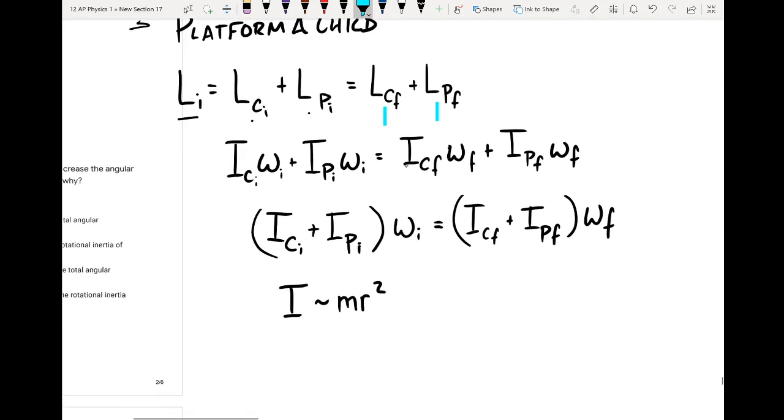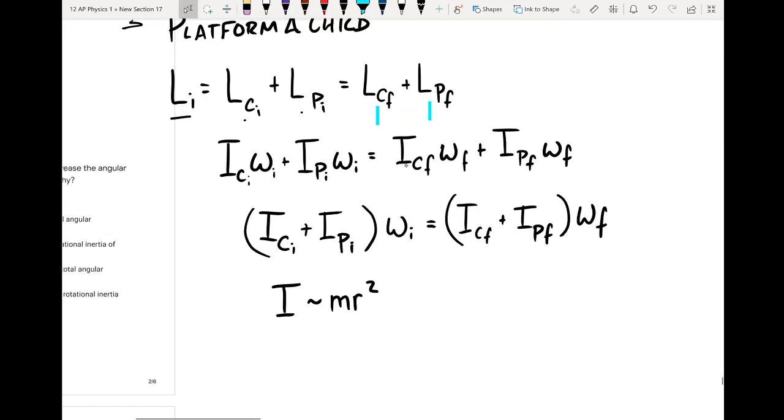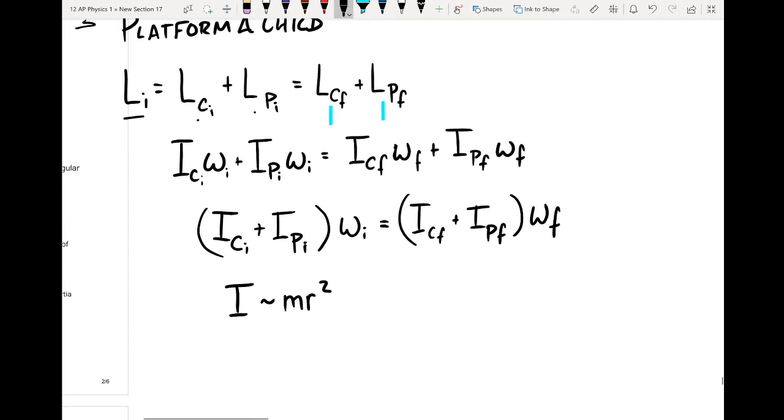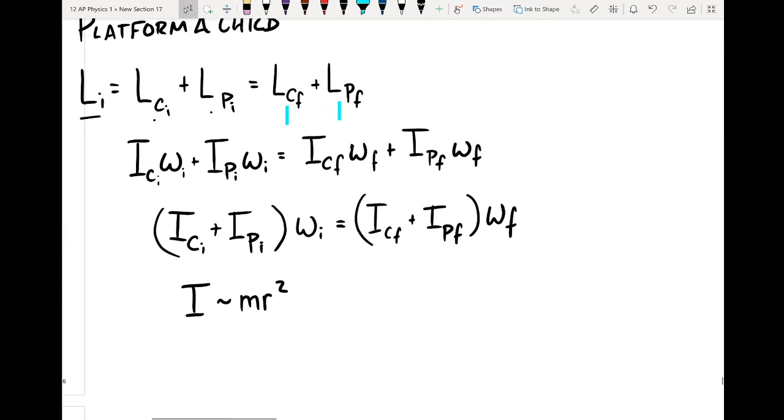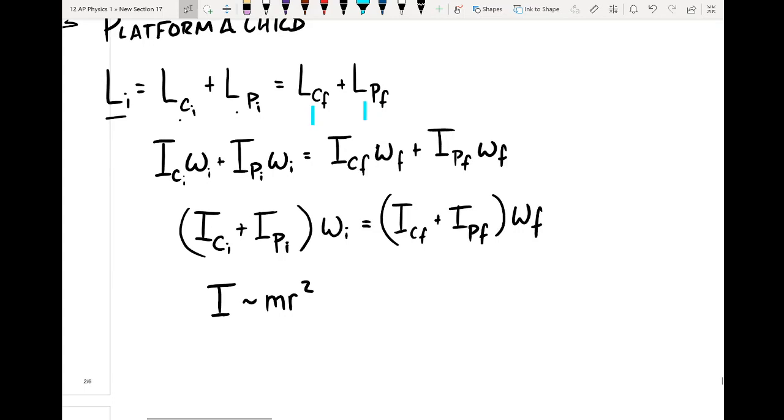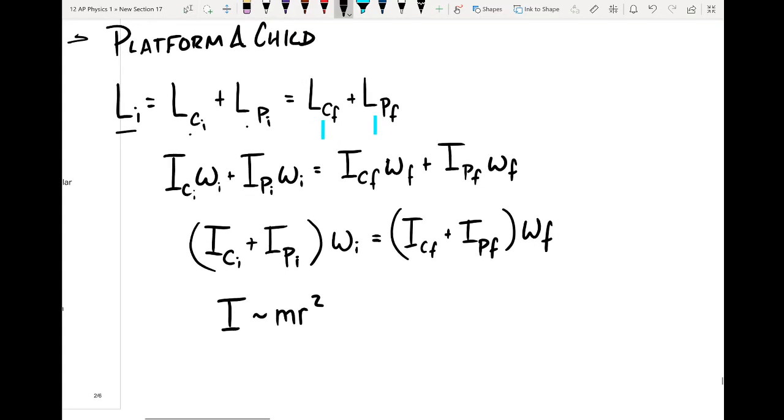We said that angular momentum is equal to I, the rotational inertia, times omega, the angular speed. So we can replace the angular momentum of the child initial with I child initial times omega I, and do that for all of our objects.